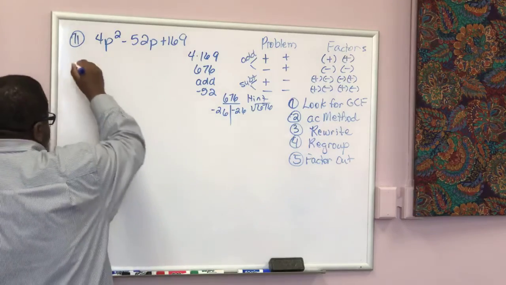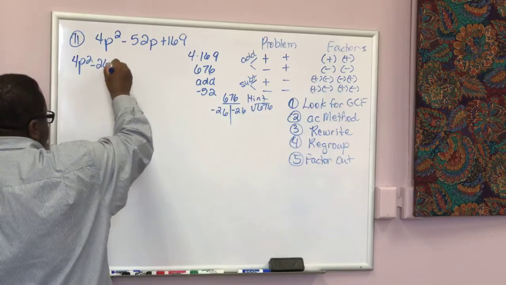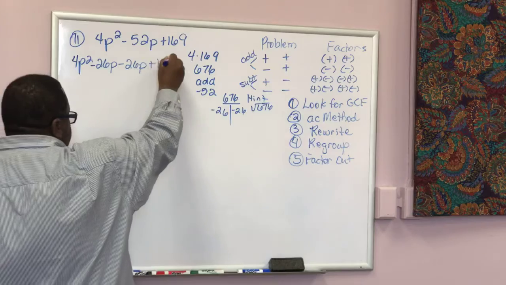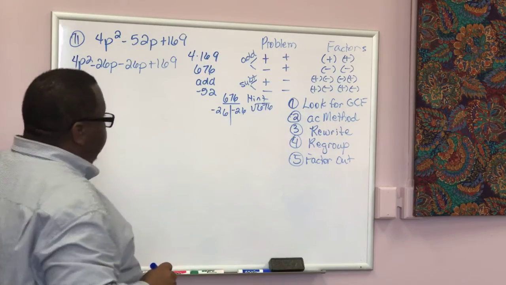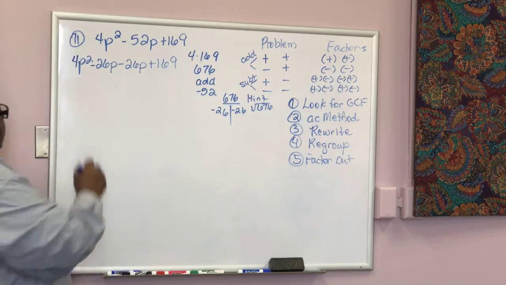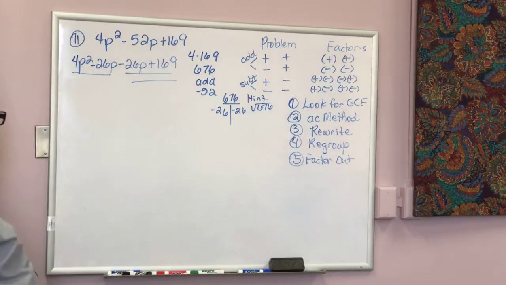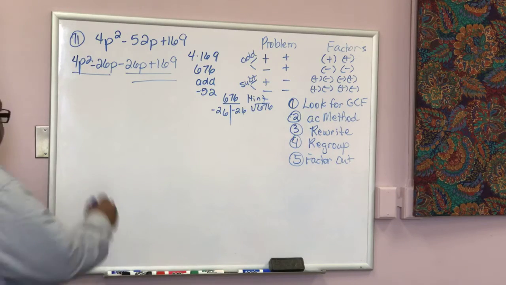All right? So we got 4p squared minus 26p, then minus 26p, then plus what? 169. All right? Now we're gonna do what? Regroup it. So first two sets and the next two sets. What do they have in common? 2.